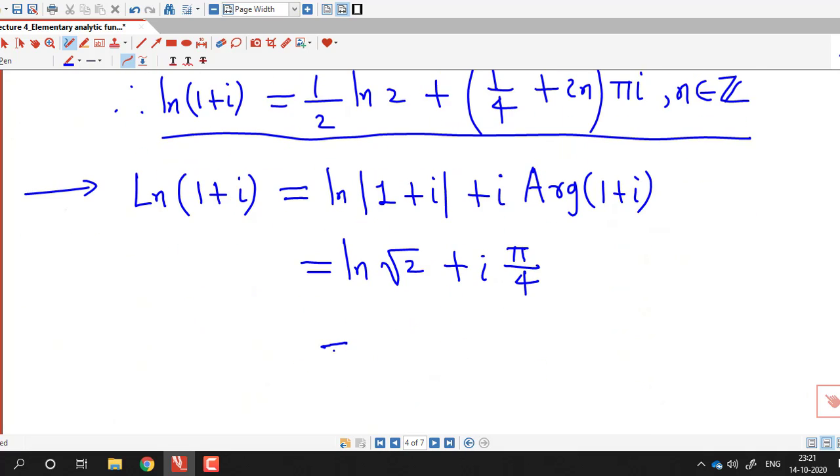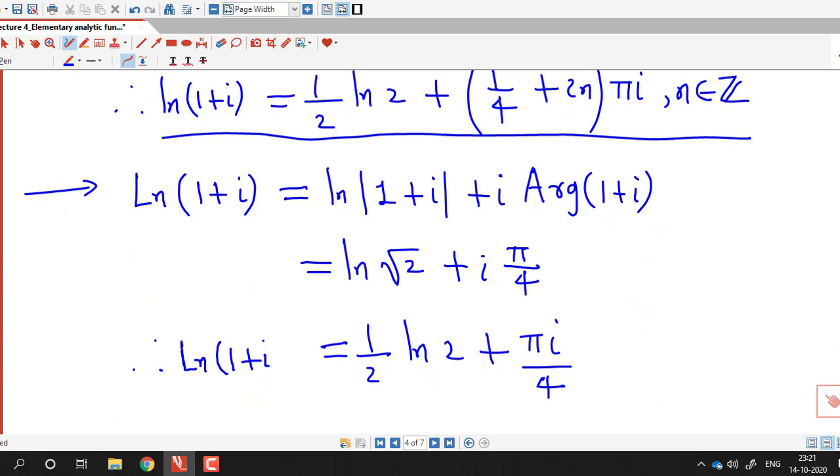So this is nothing but 1 by 2 log 2 plus pi into i by 4. So the principal logarithm of 1 plus i is 1 by 2 ln 2 plus pi i by 4.